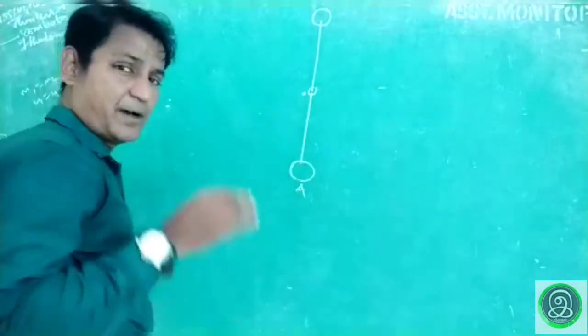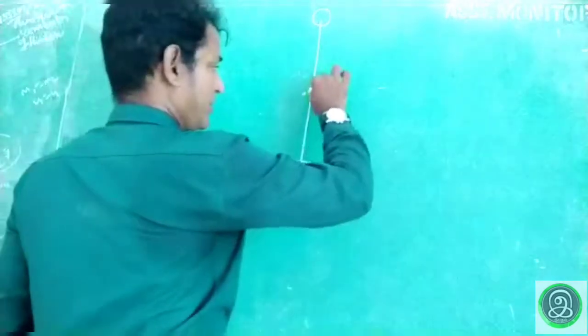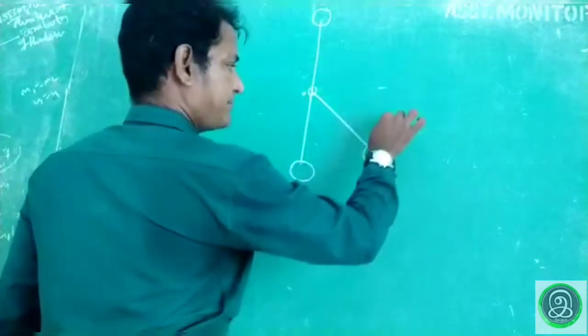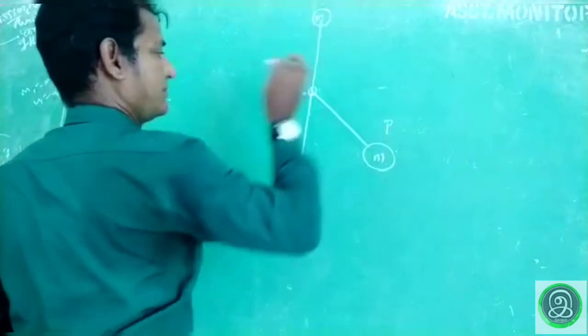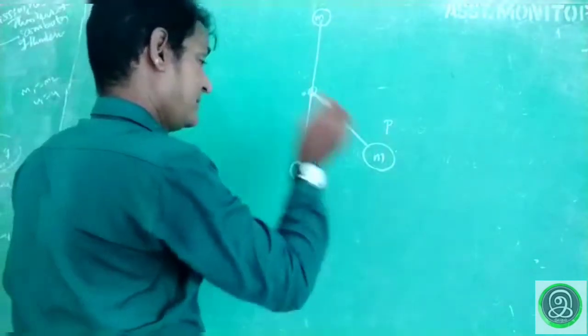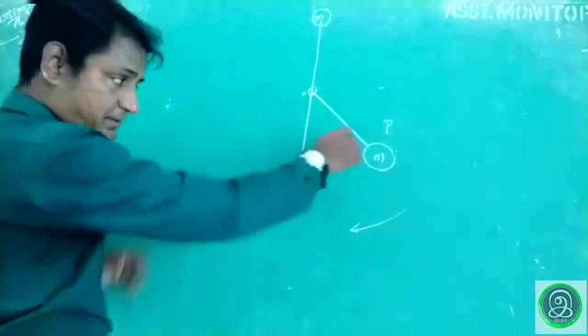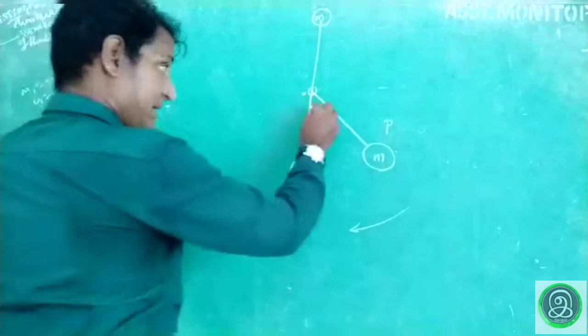Now, if the string is supposed to be at a point P, this is the mass m of the stone. Here the string is moving along with the stone, now making an angle theta.